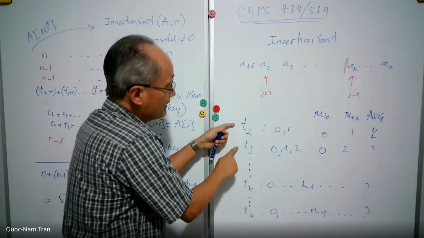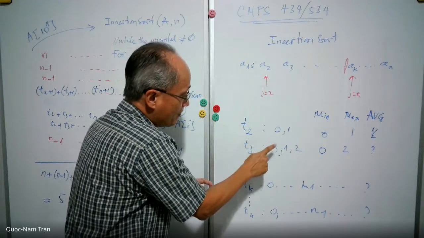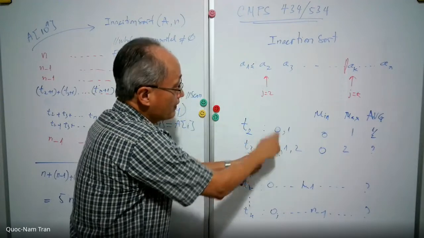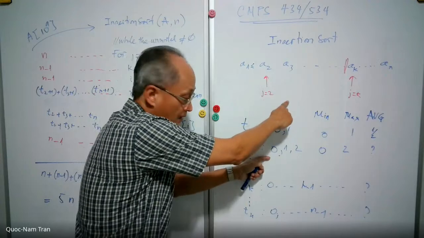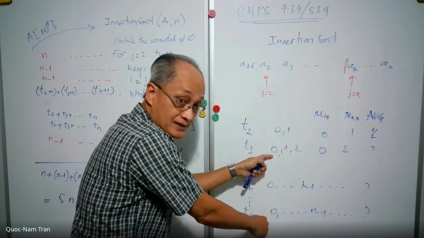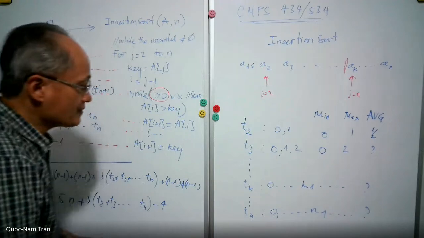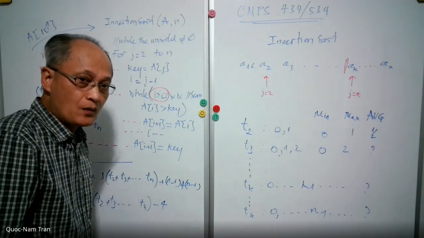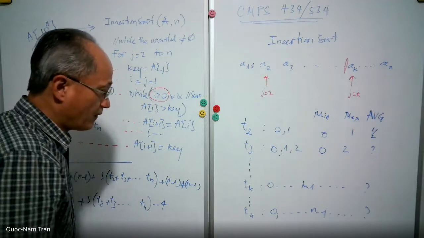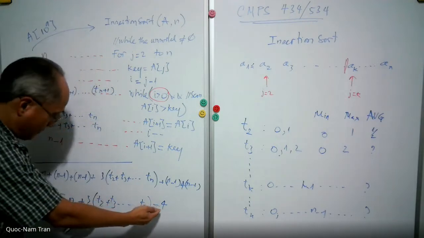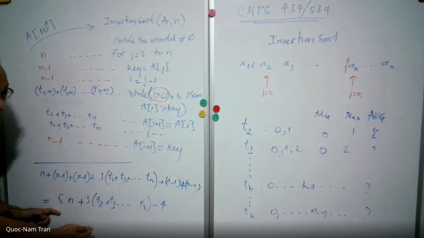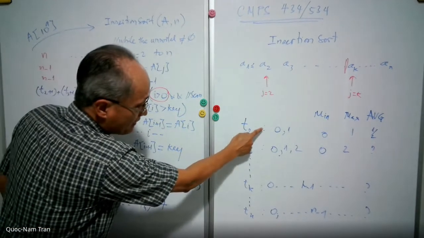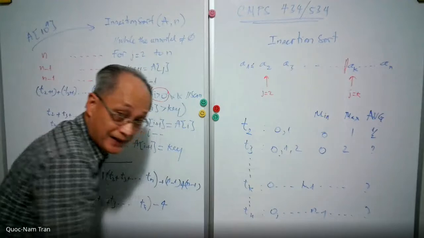Similarly, the number of steps for the third position is 0, etc. So the best case means when does the algorithm work fastest, or the smallest number of steps, the smallest number here. We see that they're all 0, right?